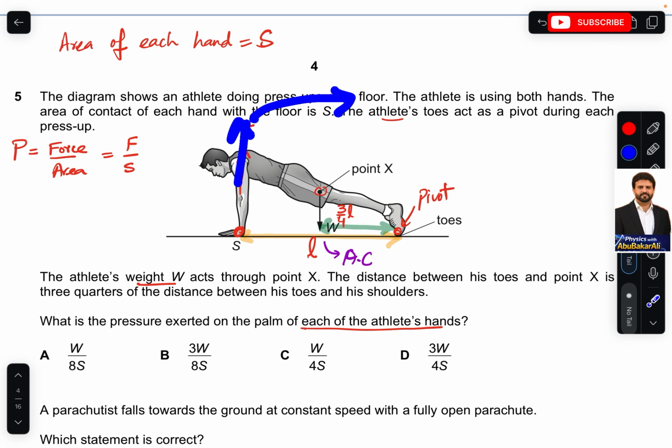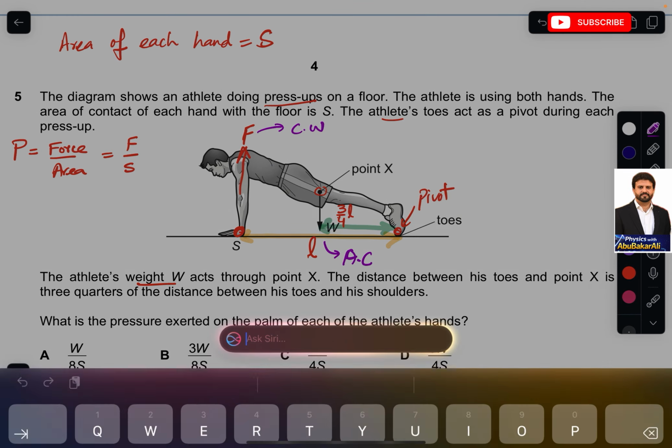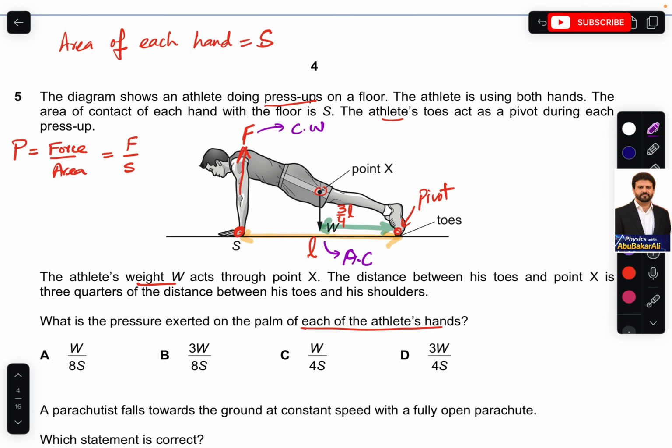So this weight produces an anti-clockwise movement, and the force here will be a clockwise movement. As it is balanced, the clockwise movement should be equal to the anti-clockwise movement, right?